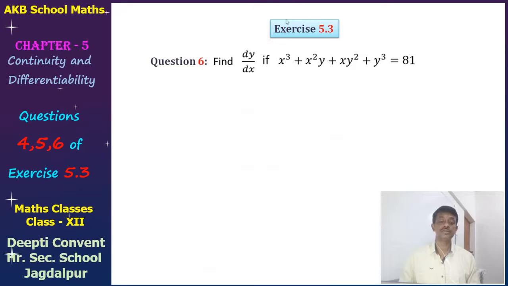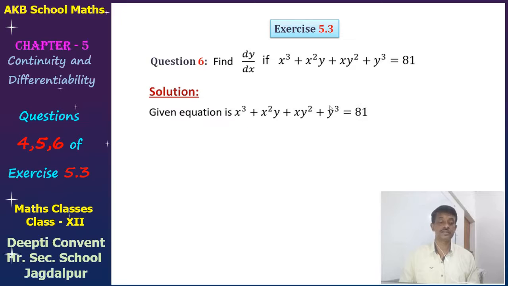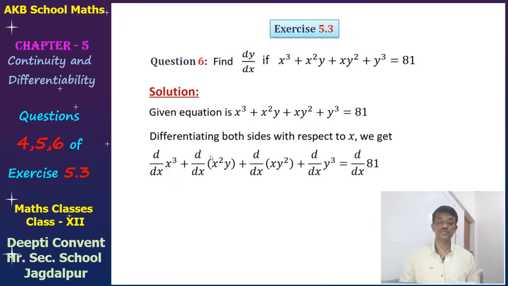Here x³ + x²y + xy² + y³ = 81. Also in similar fashion, the relation is given, an implicit relation, there is no possibility of separating x and y, so we have to differentiate the implicit function directly. So the solution: the given relation is this. Now differentiating both sides with respect to x, we get d/dx of x³, d/dx of x²y, d/dx of xy², d/dx of y³, d/dx of 81 constant, so this is 0.